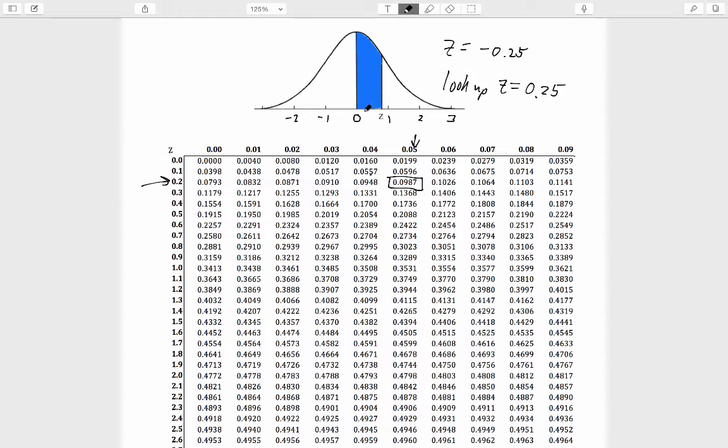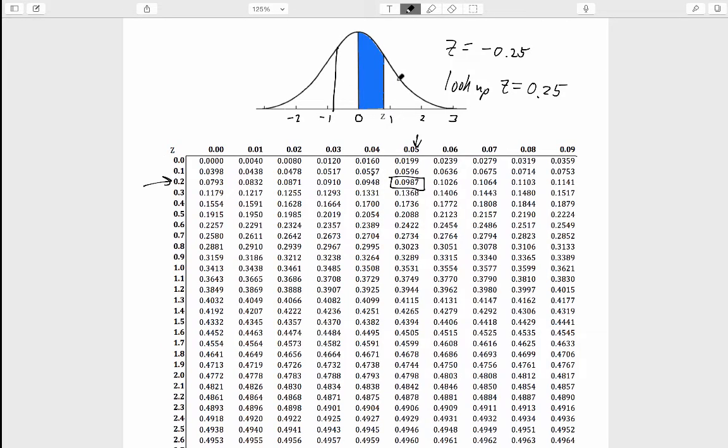But that should be the same probability as for a region that goes from 0 to negative 0.25, precisely because of the symmetry of the normal curve. The region from 0 to positive 0.25 is the mirror image of the region from 0 to negative 0.25. Therefore, they have the same probability. So the conclusion of our effort to look up z equals negative 0.25 in the table is this probability 0.0987.